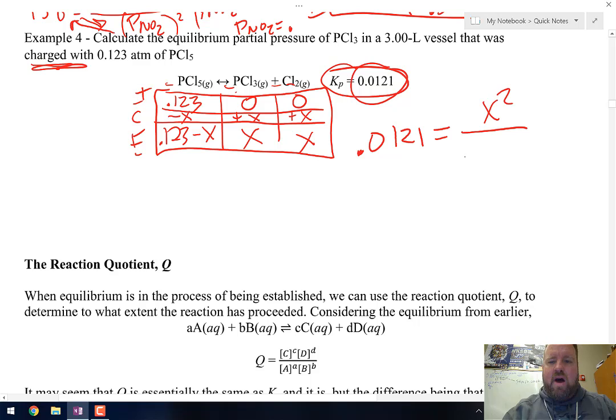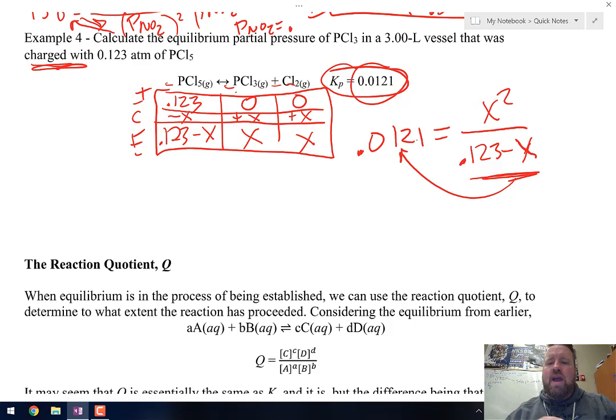And then on the bottom, we get 0.123 minus x. Now, if you'll notice here, we're going to have to multiply both sides by this over to here. And what we're going to end up with is we're going to get to a point where we're going to have to use the quadratic equation. I know, you're excited about it. So am I. That's a lie.